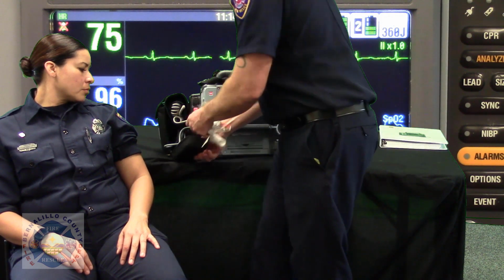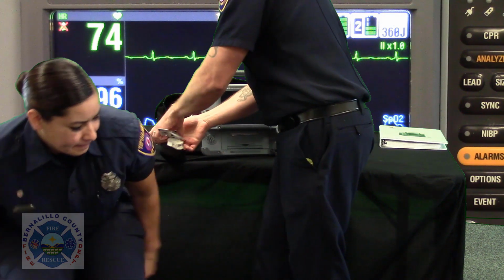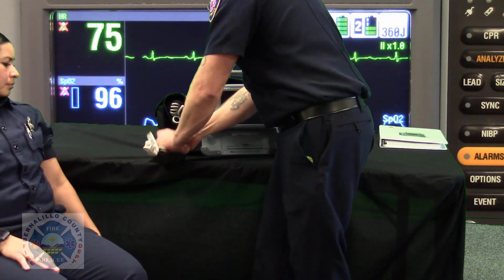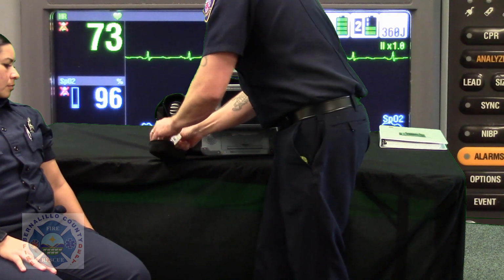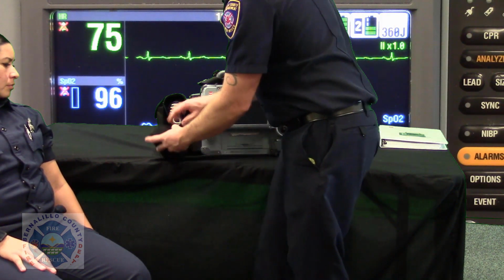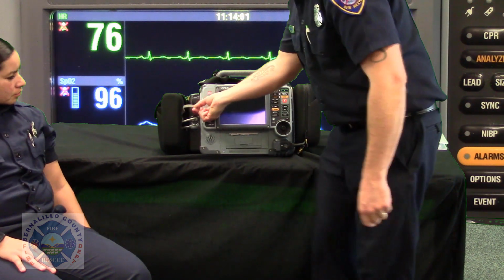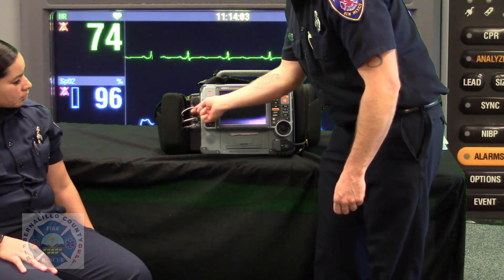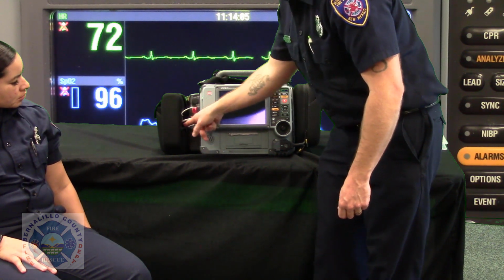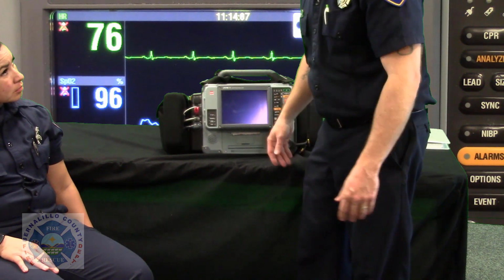And then in the front basket here, this cable can be tucked away nice and protected. And then as we zip out here, you'll see that this leaves no strain at my connection point on any of my cables. We're ready to go to the next patient.